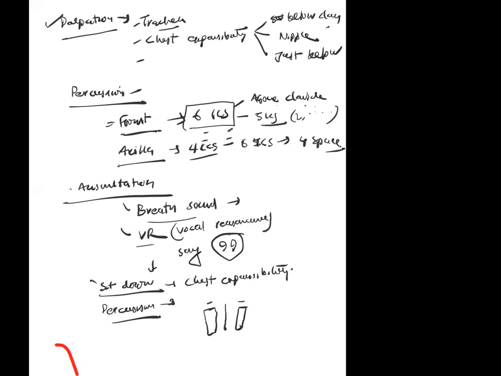Then just beside the scapula, 3 times, and then again below the scapula, 3 times, from the 7th intercostal space to the 10th intercostal space. So upper part of the scapula, then the medial aspect of the scapula, and then the lower part of the scapula for 3 times. You will do percussion for a total of 7 times here.